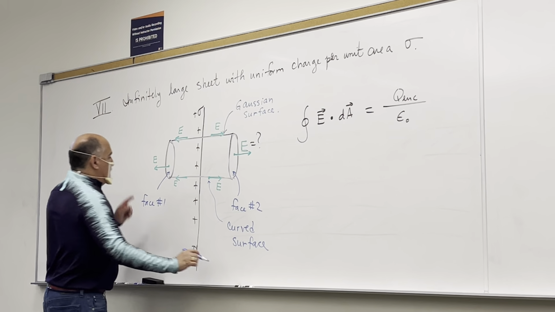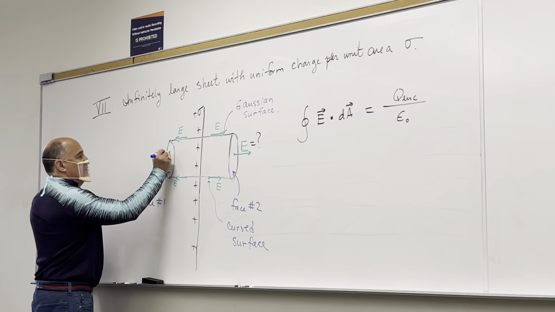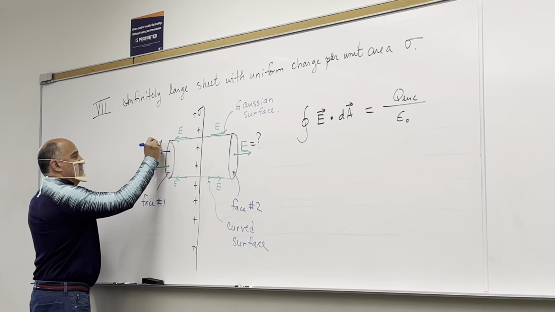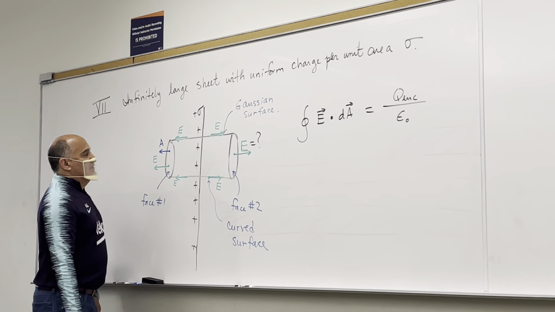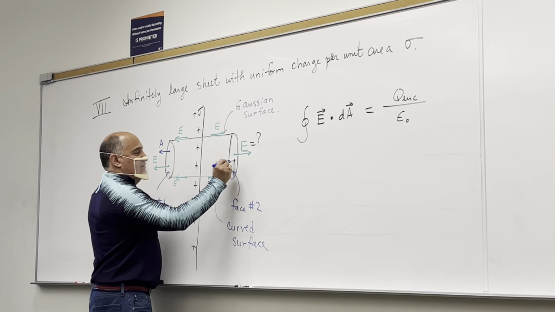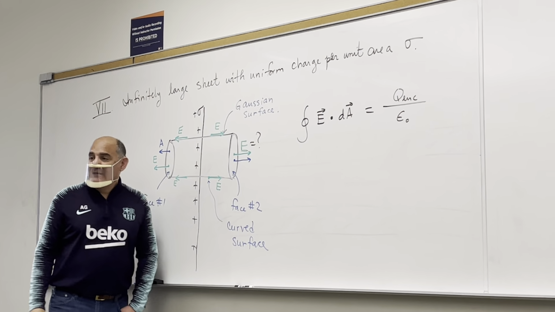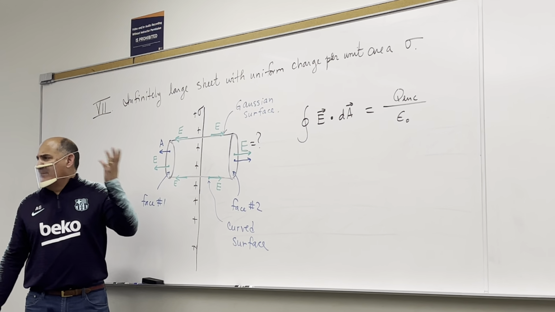All right, for face number 1, what is the direction of the area vector? To the left. I'll just call it A, to the left. What's the direction of the area vector here? Perpendicular to the surface. And the area of that face is the same as the area of the other face, so I'll just call it capital A as well.